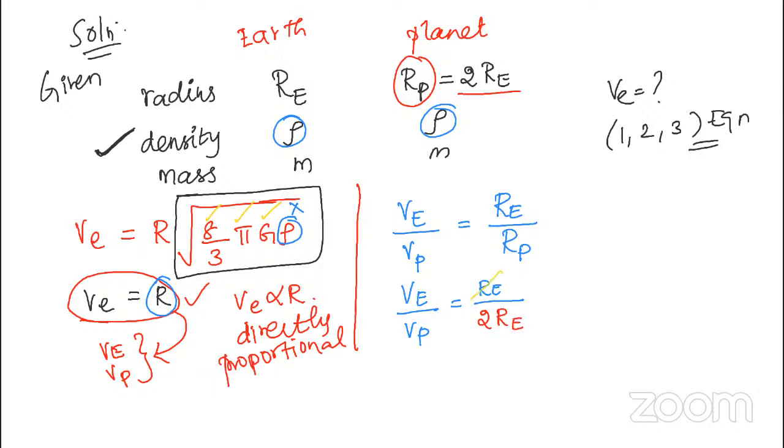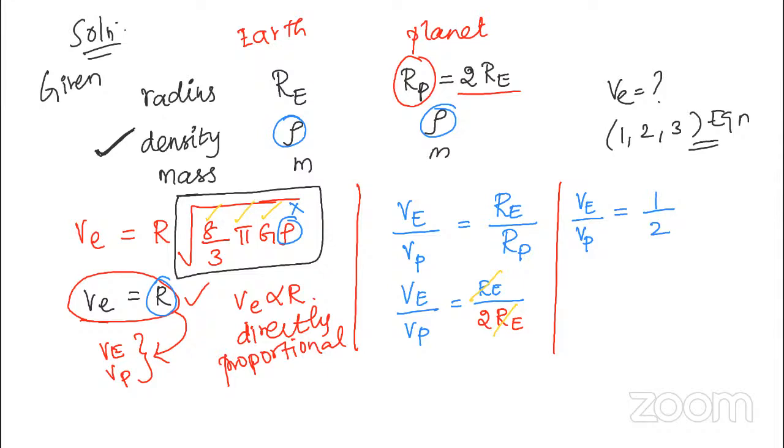Next, the common terms we have to cancel out. We get VE divided by VP is equal to 1/2. In that problem, they have given some relations between VP and VE.